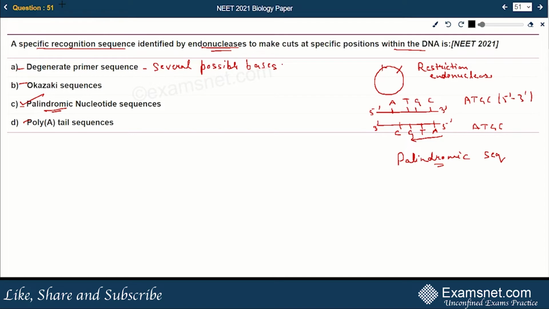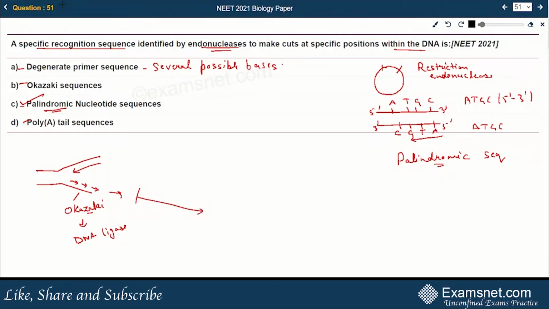These fragments are synthesized discontinuously during DNA replication. Suppose replication takes place. One of the strands is synthesized in a continuous manner, whereas the other is synthesized in a discontinuous manner. These are known as Okazaki fragments, and later on these are joined with the help of DNA ligase.